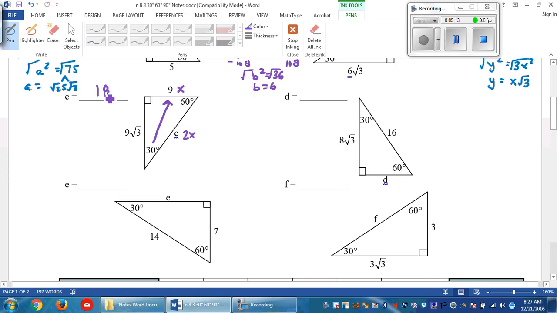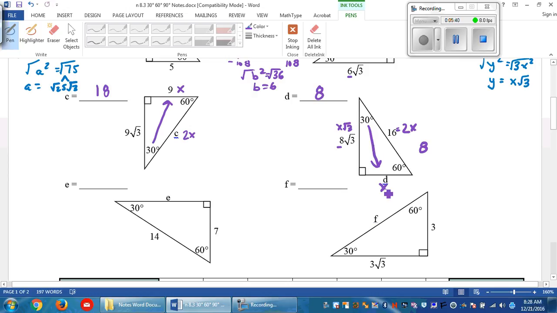See how it's fitting in? This is the side I want. This is the x side. Well, what do you know? You know this is the 2x side, so you can figure that out. So half of 16 is how much? 8. Or you can look at it, and this is the x root 3 side. What number is x? 8. So this side down here has to be 8.